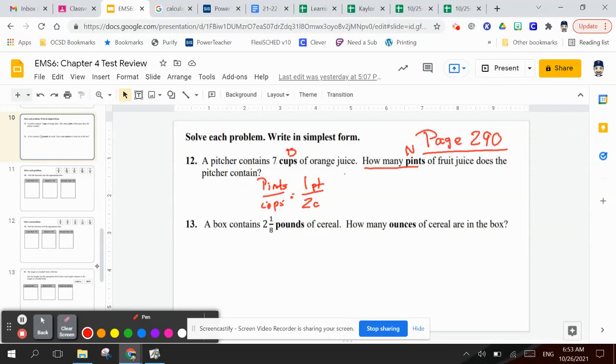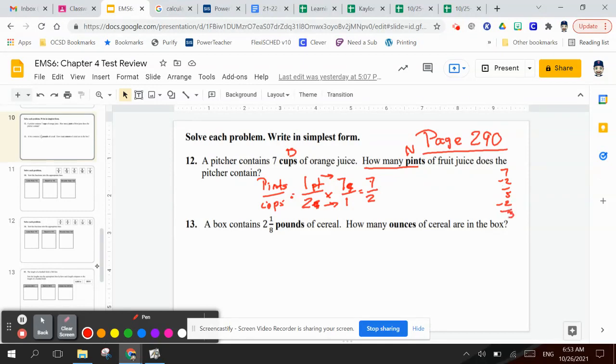So if I have 7 cups, that's where my second fraction comes in. 7 cups over 1, that's a whole number. Now I can multiply. When I multiply, the cups labels cancel out because they're the same. I multiply across. 7 times 1 is 7. 2 times 1 is 2. So then I put that in the simplest form. 7 minus 2 is 5.